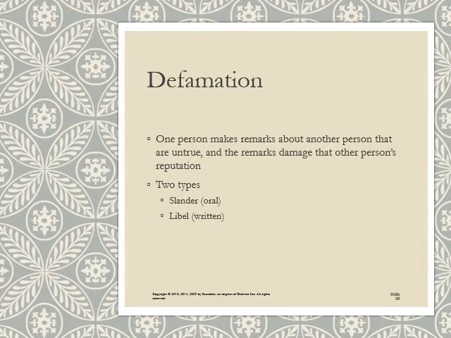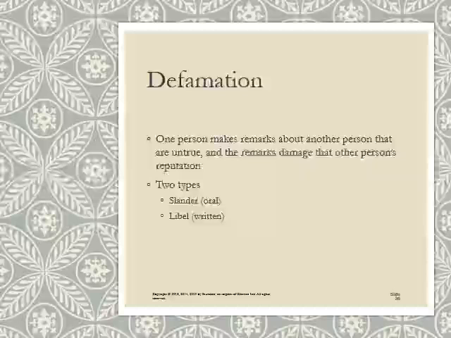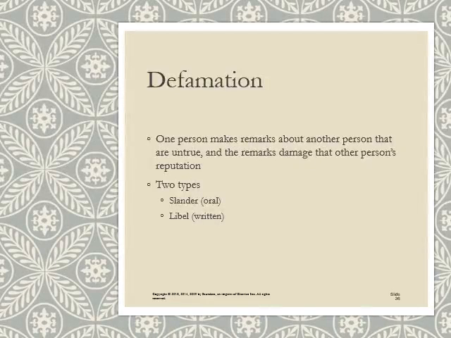A person who is sued for slander or libel may be found innocent if the statements made were true, or if they were said or written with no intent to harm the person, but for a justifiable purpose. So, again, defamation is when remarks about a person are made that are not true.